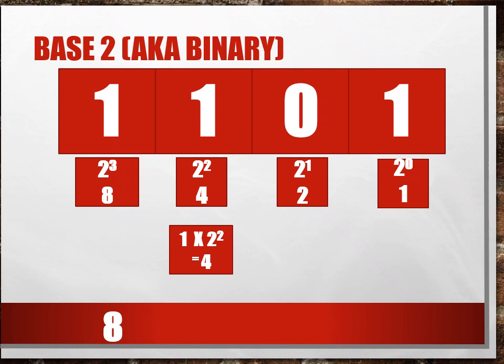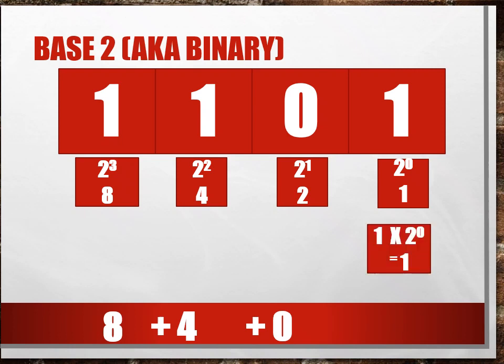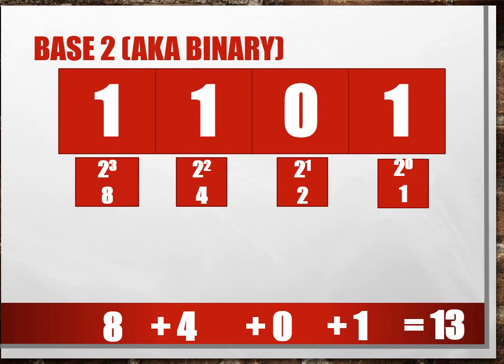This next number is 1 times 2 to the second, so we're going to have 4 stored in our final value. This is 0 times 2 to the first. 0 times anything is 0, which means I do not have anything in the 2's place, so it's going to be a plus 0. And then finally, I do have a 1 in the first place, or 2 to the 0th place. That's 1 times 2 to the 0th. 1 times 1 is 1, so we're going to add this. So this is the number 13 stored in binary.